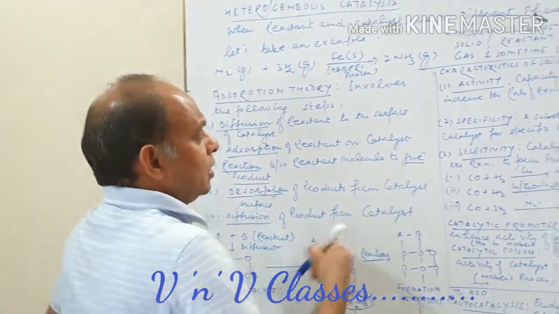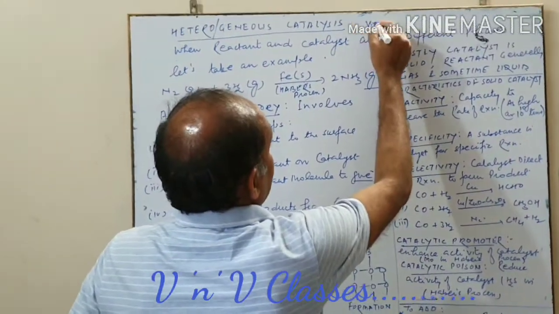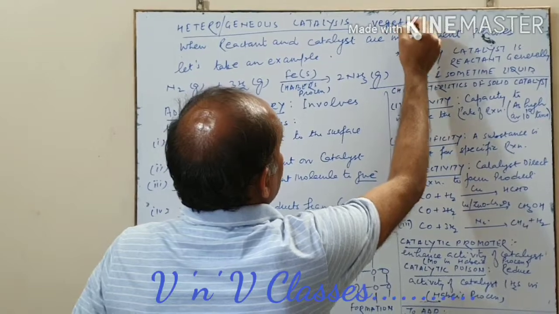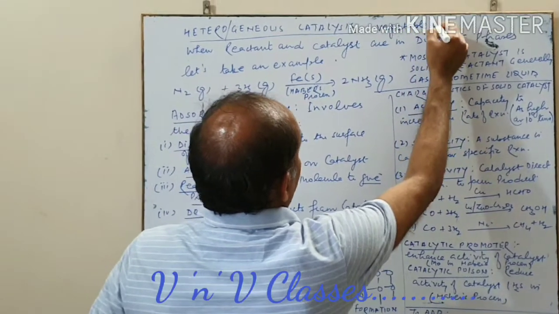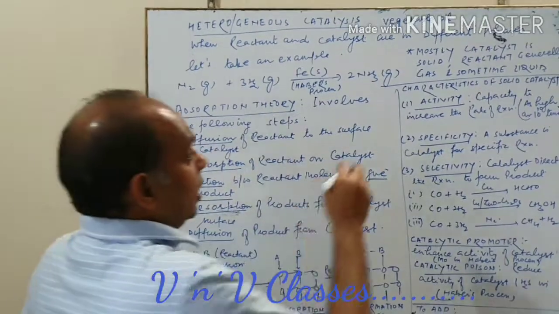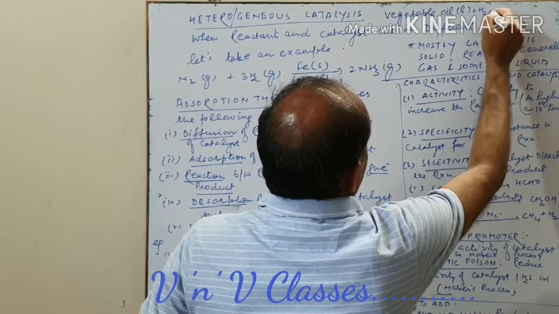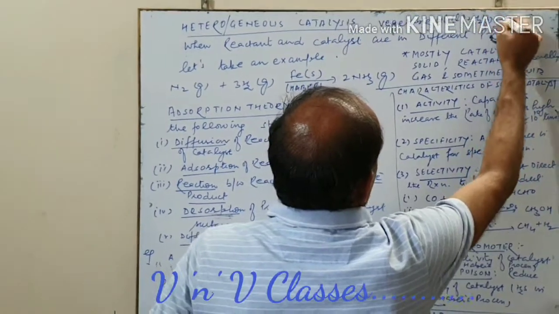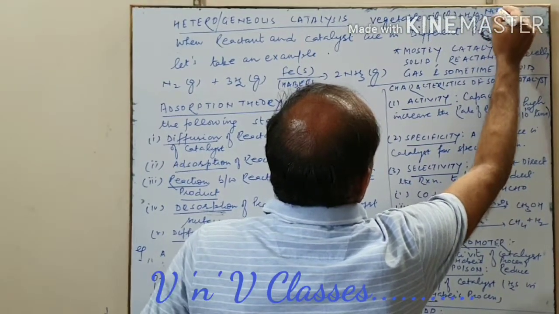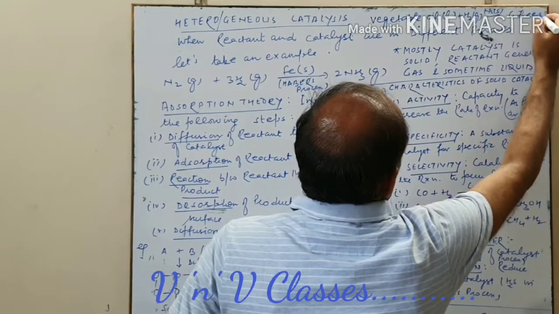Just to share one example, you know it well, suppose we have taken the hydrogenation of vegetable oil. Here, this vegetable oil is in liquid state. You pass hydrogen, which is in gaseous phase, in presence of nickel, which is in solid state, and you get ghee, again solid.